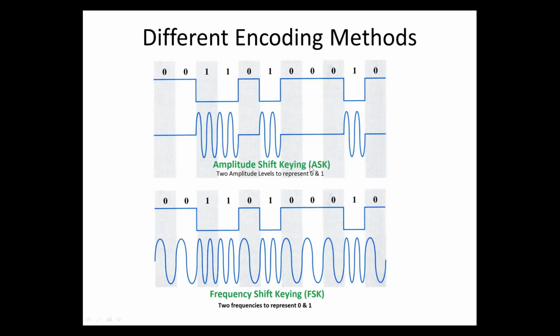You'll see this on some of the modes that you might happen upon. And here, the amplitude is increased to a certain level to indicate a 1, and there's no amplitude to indicate a 0. So that's how the ones and zeros are transmitted.